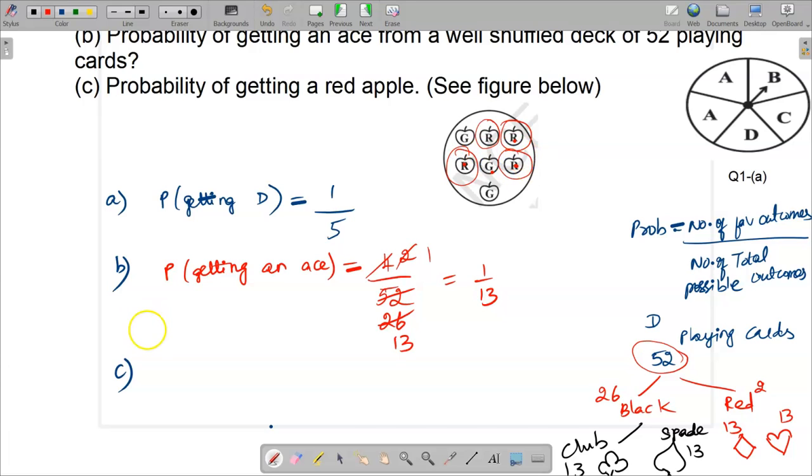So the probability of getting a red apple: the number of favorable outcomes is 1, 2, 3, 4, out of total possible outcomes 1, 2, 3, 4, 5, 6, 7. So 4 by 7 is the answer.